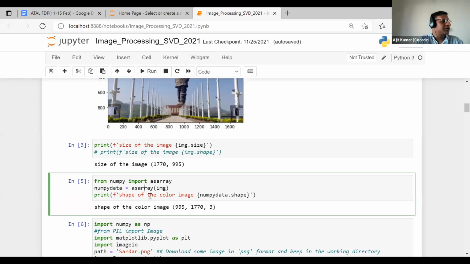Prachi, please mute. Sorry. So you convert into an array, and then look at the shape of this. This is actually 995 by 1770, and by 3. So this is a 3-dimensional array. A color image will always be a 3-dimensional array. Let me copy that there.